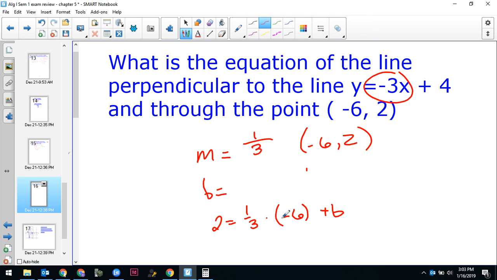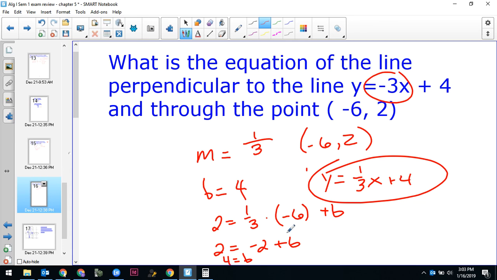Again, y and x come from here. So 2 is equal to -2 plus b. And I add the 2, I'm going to get 4. Sorry for the no room down there. So 4. So y is equal to 1/3 x plus 4. There is my answer. Right? You're just trying to solve for these two things.